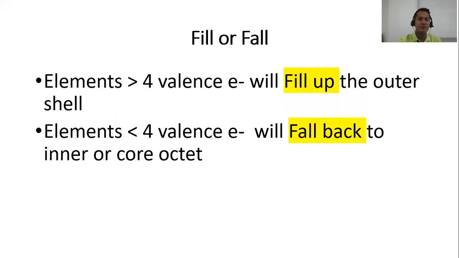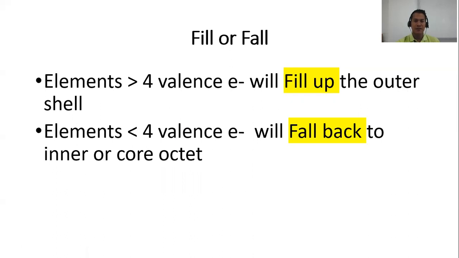Fill or fall. Elements with greater valence electrons will fill up the outer shell. I'm talking about the last orbital, the last outer shell. And it will fall back if there are less than 4 valence electrons. So these are the rules.